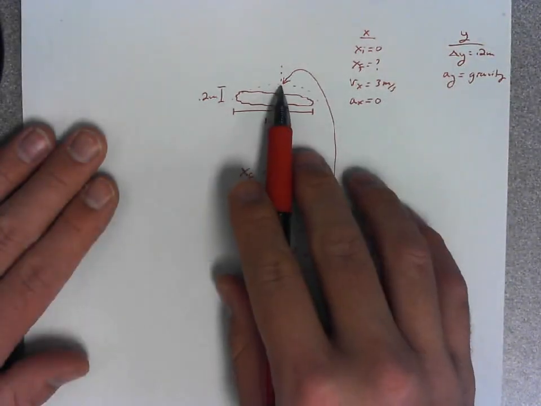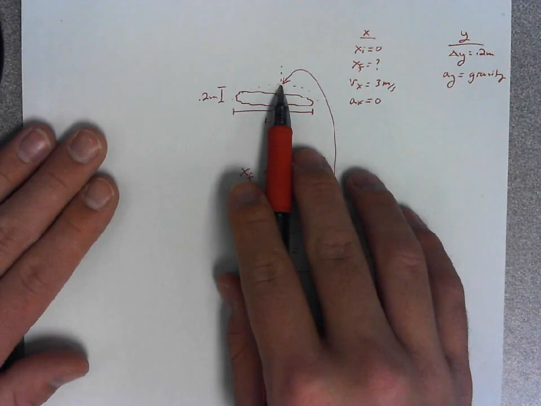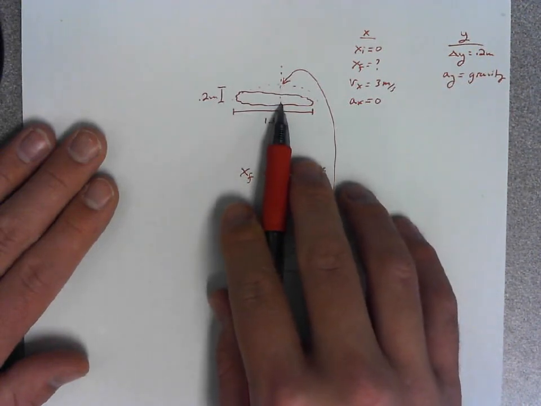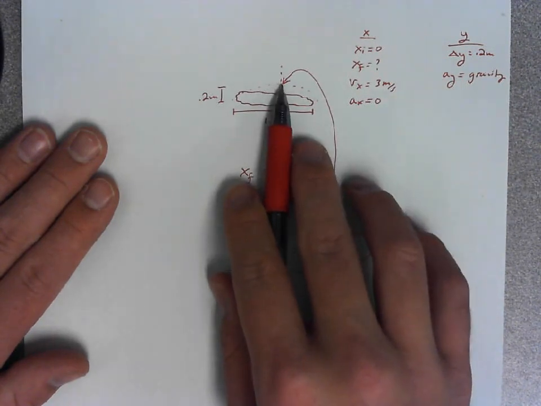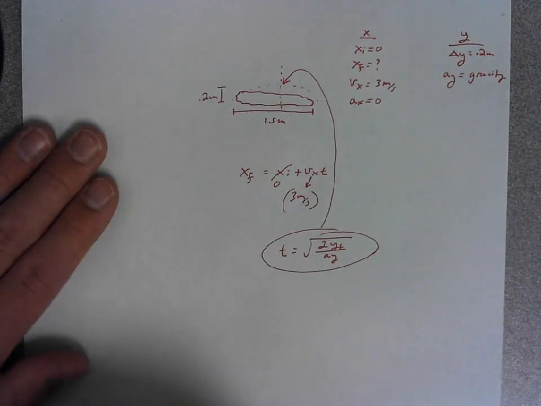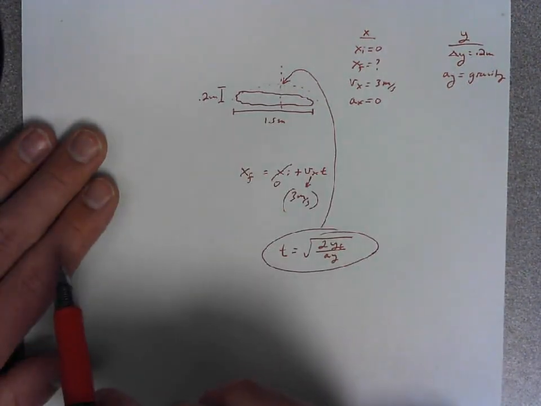We're starting halfway through his jump. We're assuming that he's at the very top of his arc. He's about to fall again, and he's going to fall 0.2 meters. So I'm going to say my y initial at this point is 0. The y final is 0.2 meters, and the initial velocity in the y direction is also 0 because he's at the top of his arc and he's about to fall again.